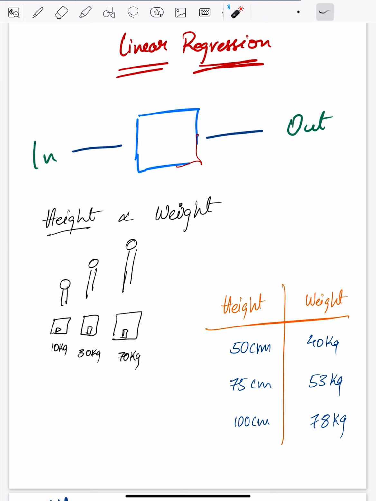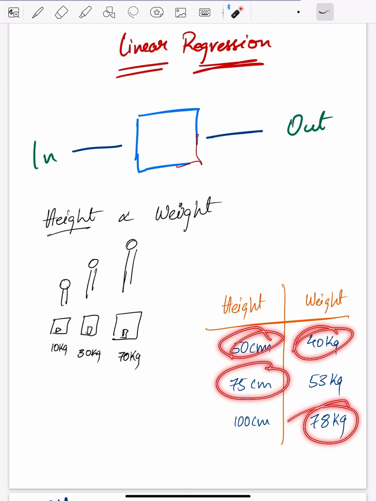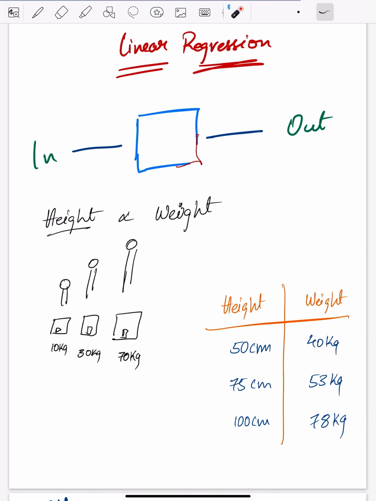Here you can see every person has a different height, and by basic knowledge, based on the height, weight also changes, right? For instance, someone who is 100 centimeters will of course weigh more than a 50 centimeter guy. That's obvious, but there will be some outliers too. I'm not saying there won't be outliers, but this is a general pattern that we know by seeing, right? So I took this example.